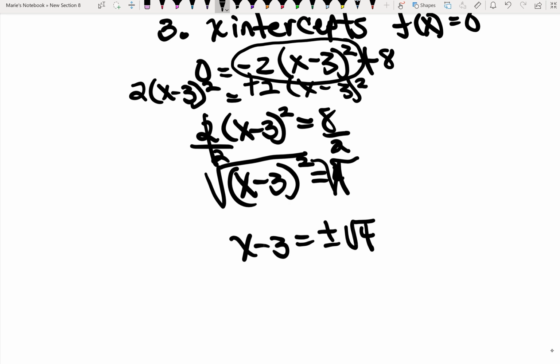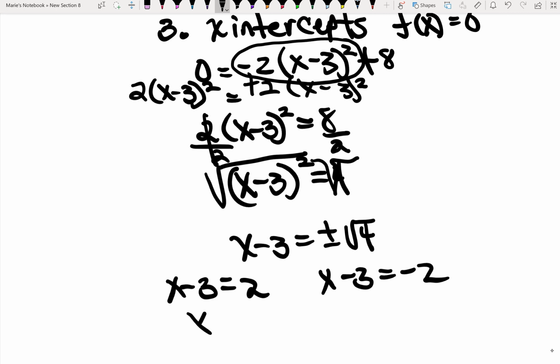So in this case, your answers are going to be twofold. So x minus 3 equals 2, and x minus 3 is equal to negative 2. So x is equal to 5 on this side, and x is equal to 1. Okay? And so those are our x-intercepts.